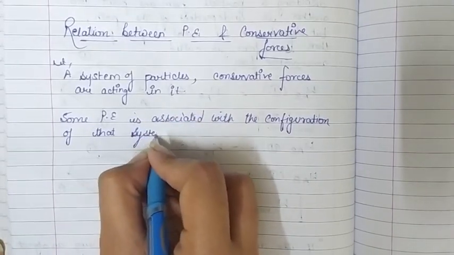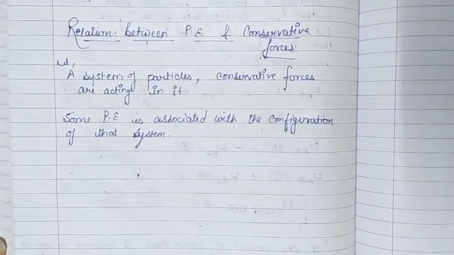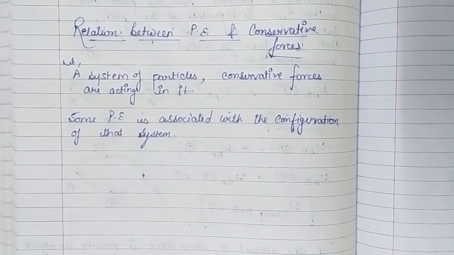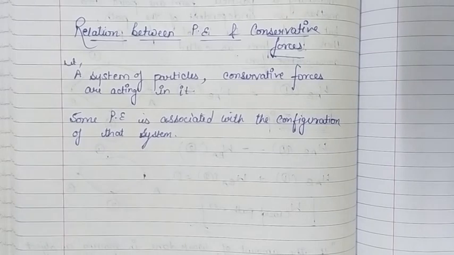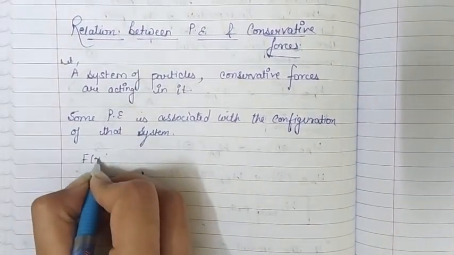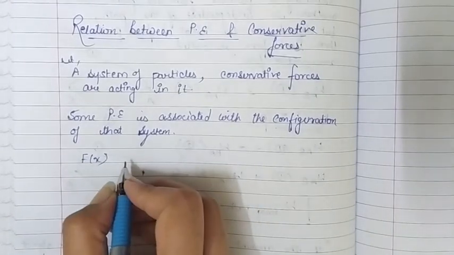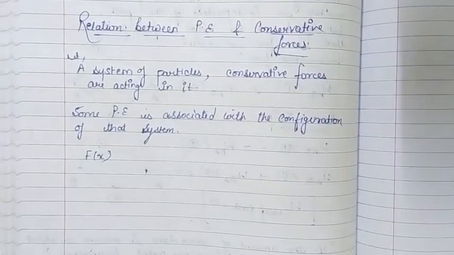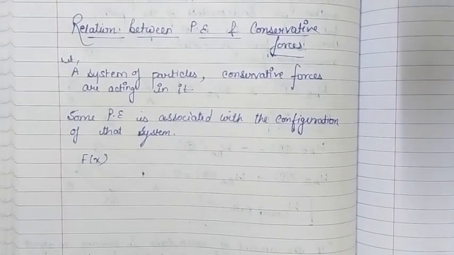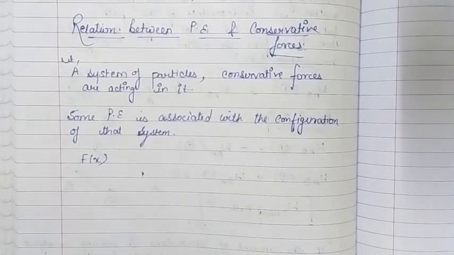So we can say that when the conservative force does work on a particle within the system, there is a change in potential energy. Okay, so if we have a force Fx, we are considering it Fx just for the sake of calculation and keeping the dimension simple.